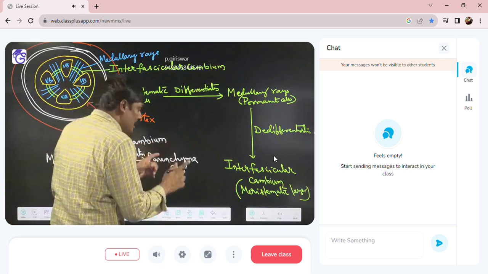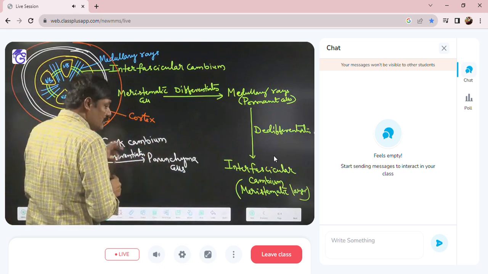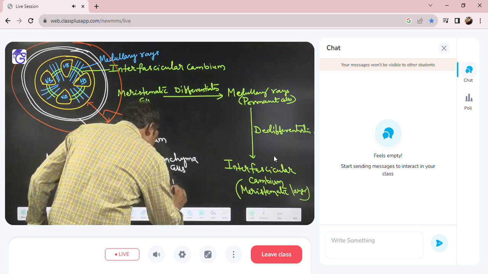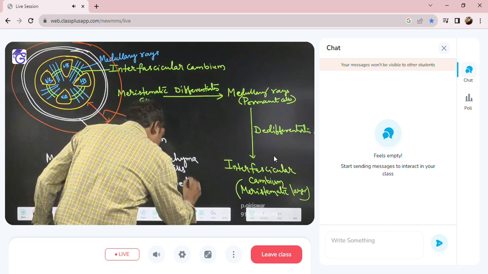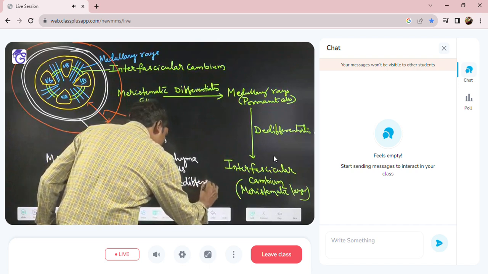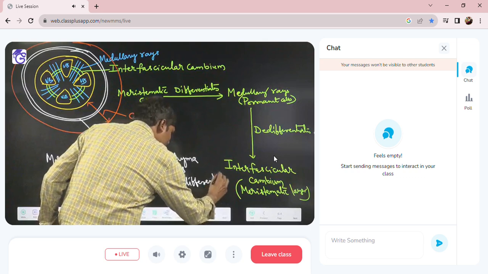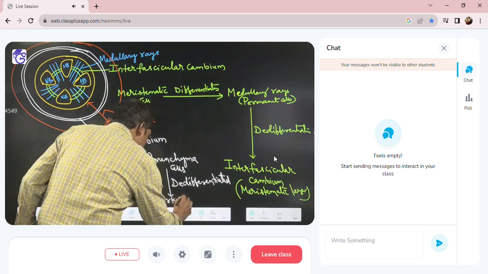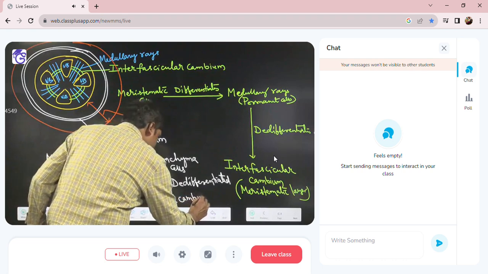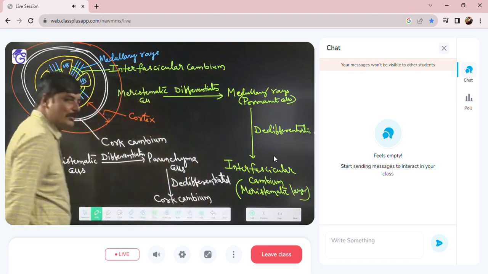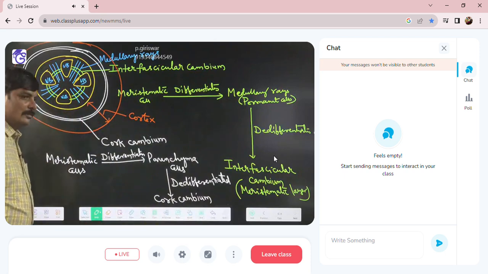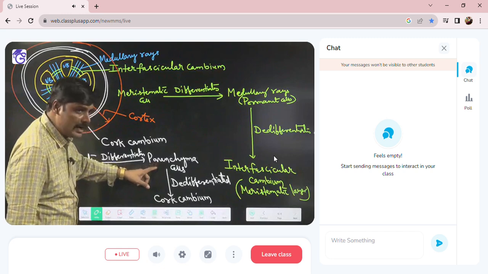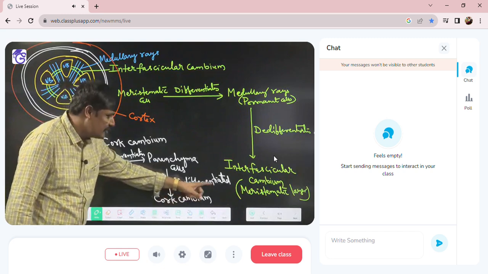But sometimes during secondary growth, some cells of the parenchyma become de-differentiated and form cork cambium. So, formation of cork cambium from parenchyma cells is de-differentiation.